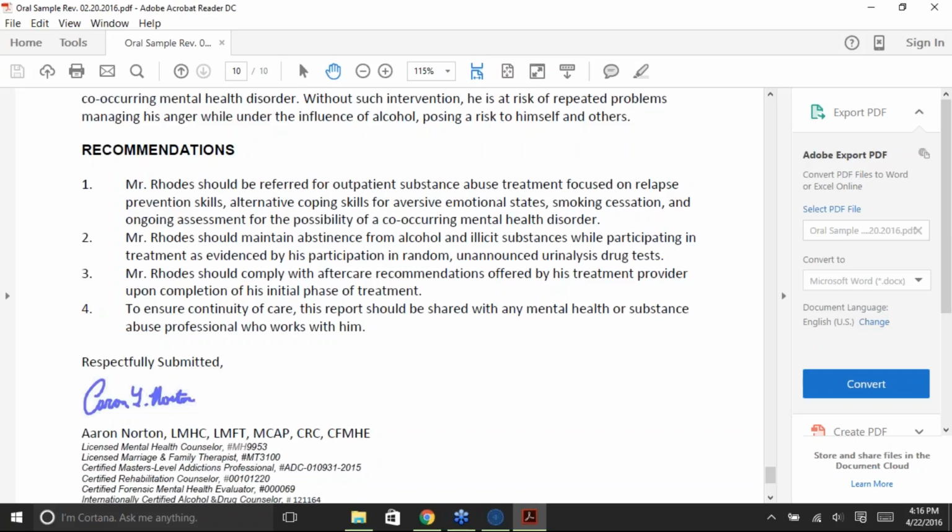So that treatment provider needs to see this report to know what's really going on here, what the evidence at least demonstrates is probably going on, so that they can match their treatment approach to the most accurate information they can. Finally, respectfully submitted, I sign it, and I list my credentials underneath my name.